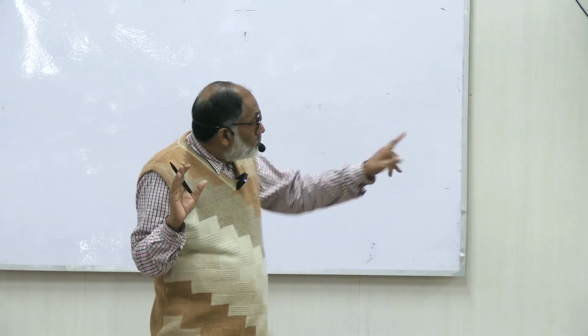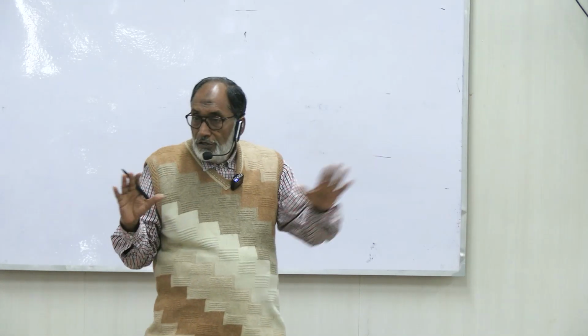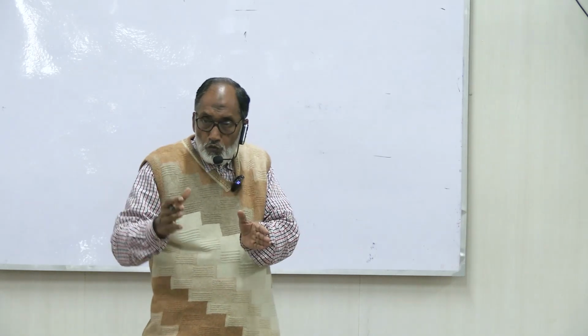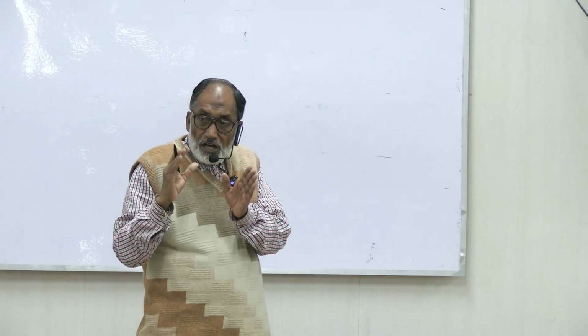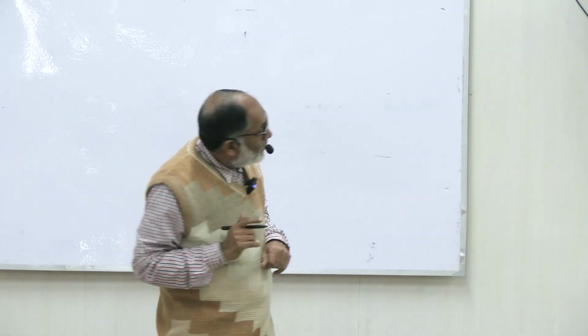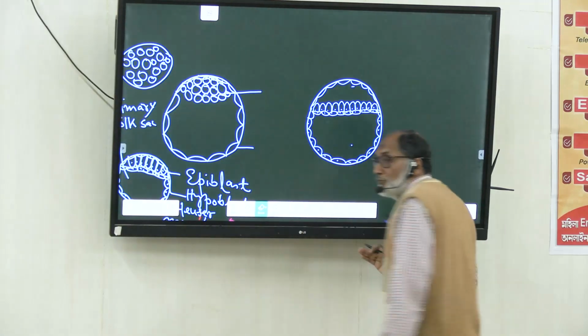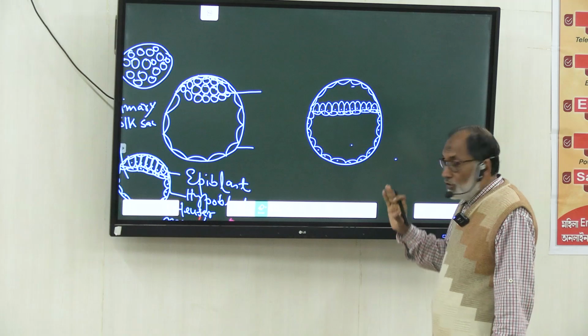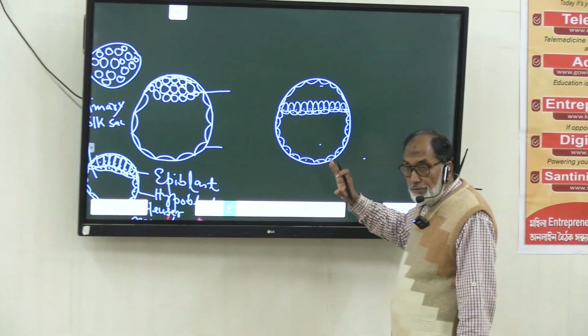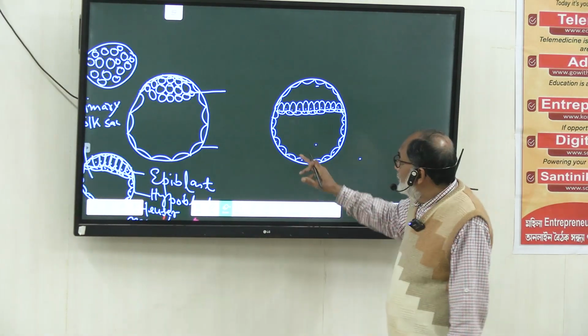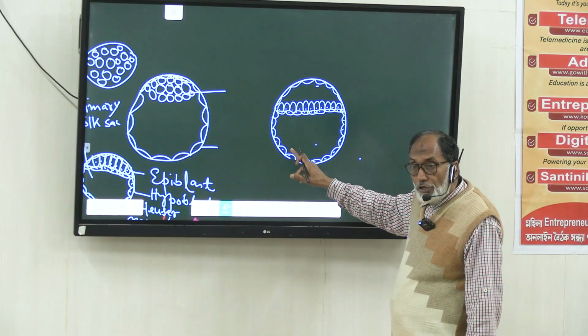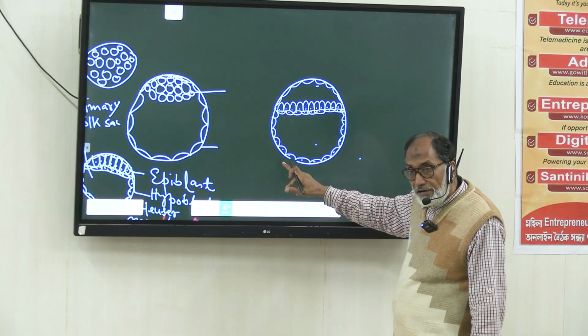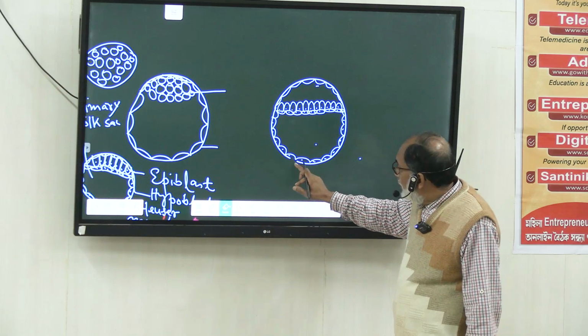Thus, the extraembryonic mesoderm will lie between Heuser's membrane and trophoblast.